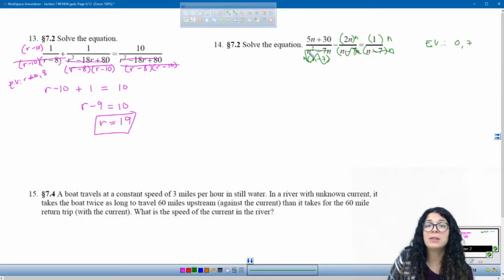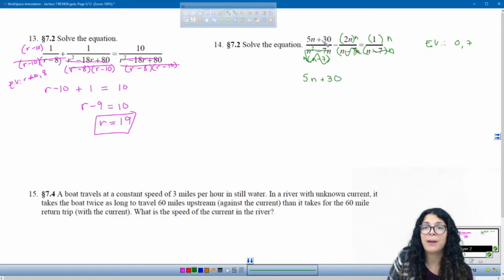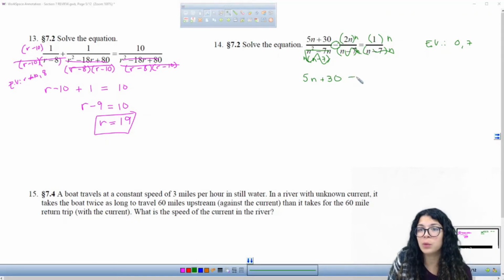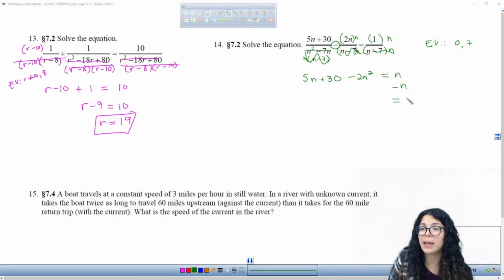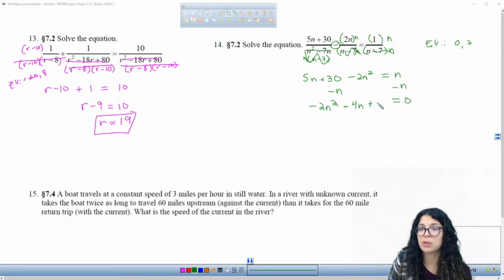Now, we're going to go ahead and solve. We canceled out the denominators by making them all equal. So we get 5n plus 30 minus 2n times n, which would be negative 2n squared, equals 1 times n, which is n. I subtract n to get equal 0. Of course, if I do that to one side, I have to do it to the other. I have the negative 2n squared I can bring down. 5n minus 1n is 4n, and 30 is just 30.